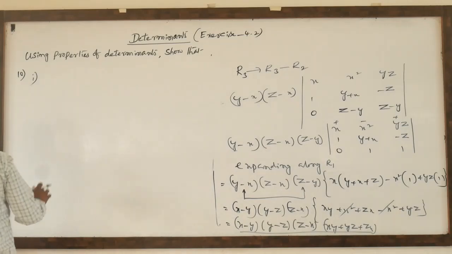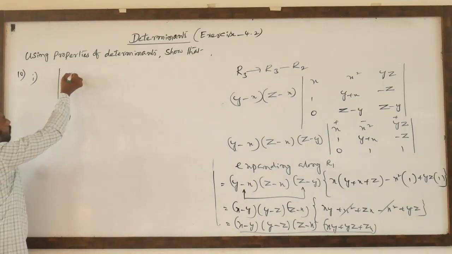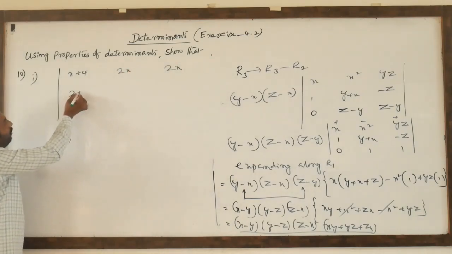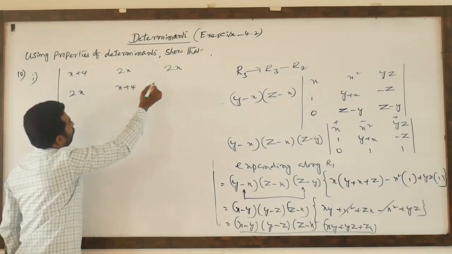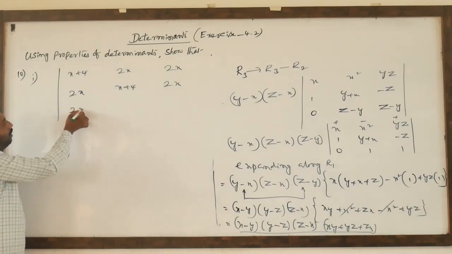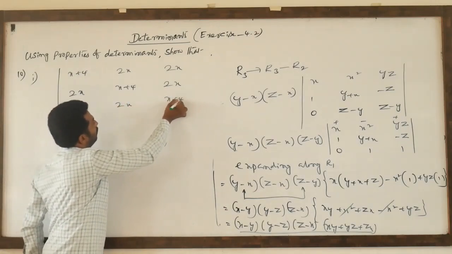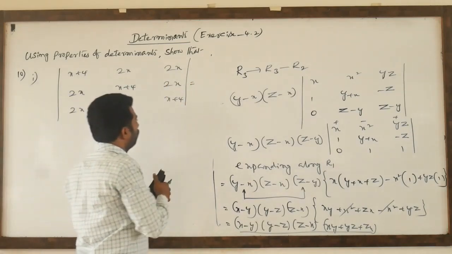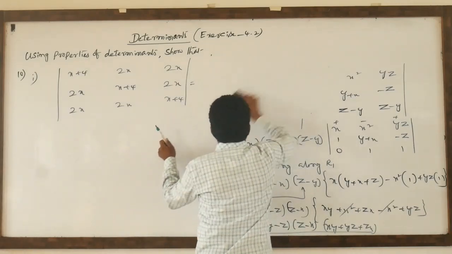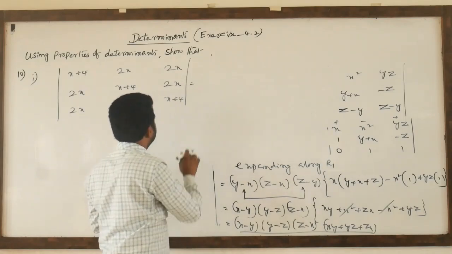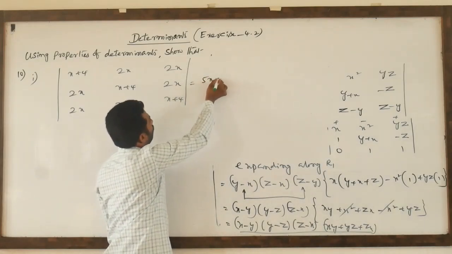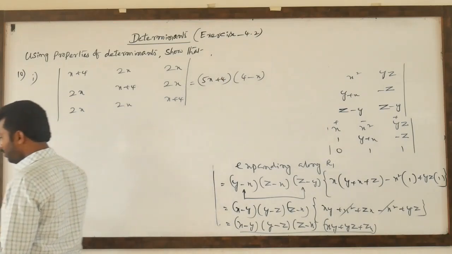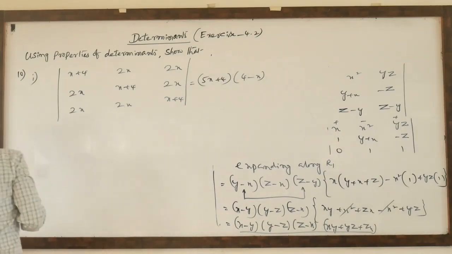Determinant of x plus 4, 2x, 2x, again 2x, x plus 4, 2x, 2x, 2x, x plus 4 is equal to 5x plus 4 into 4 minus x whole square. 5x plus 4 into 4 minus x whole square or whole cube? Whole square.